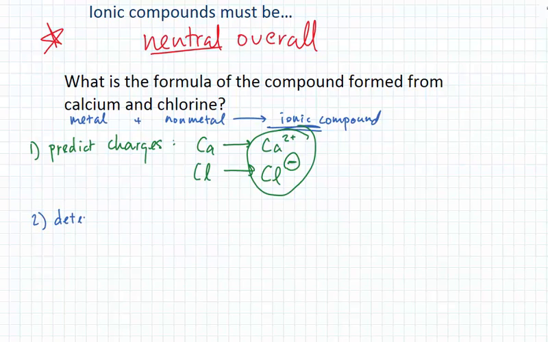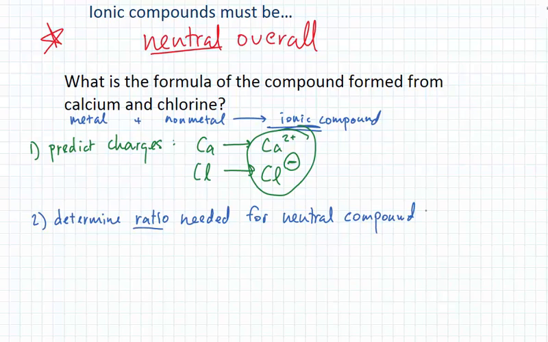Step 2: determine the ratio needed for a neutral compound. Well, calcium is 2+, chloride is 1-.